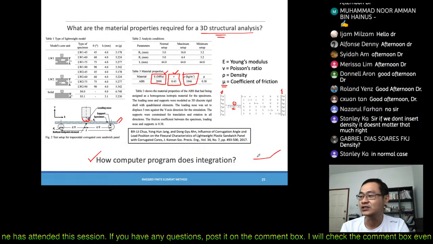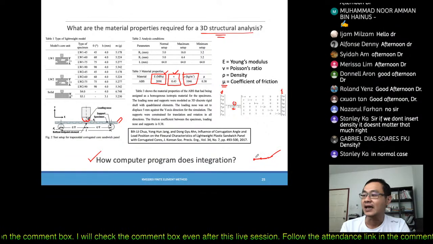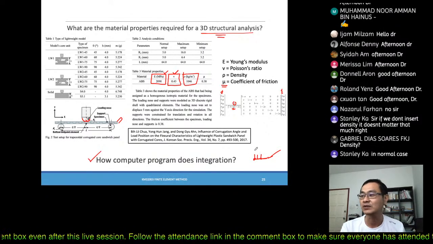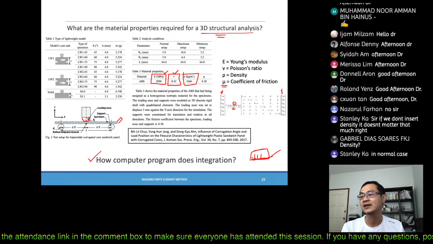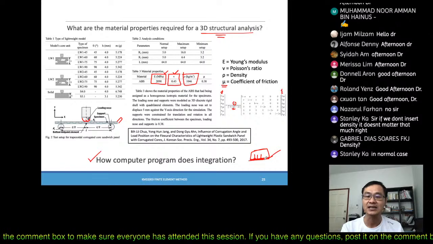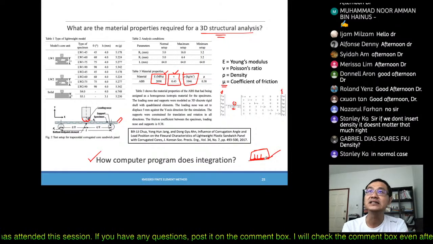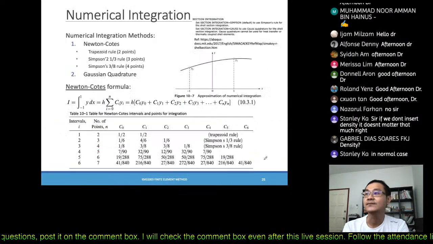So you may have a smooth surface, but you may represent it with different elements across it, and how the force acts when we apply a pressure on this area. So how the program actually does these integrations, I believe you have learned this in numerical methods.